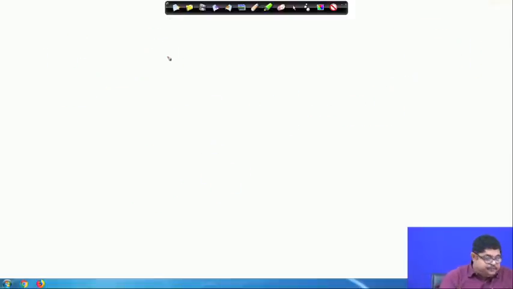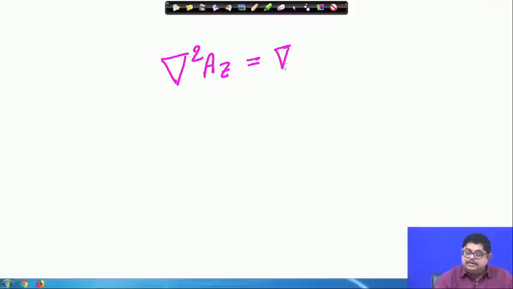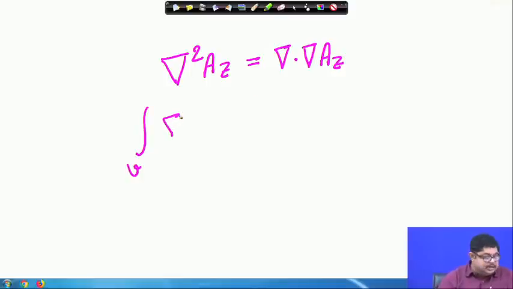So, we can use the divergence theorem. What is del square Az? Del square Az is nothing but the Laplacian. Az is a scalar, so gradient of that, divergence of that. So, now using the divergence theorem, can I write this?